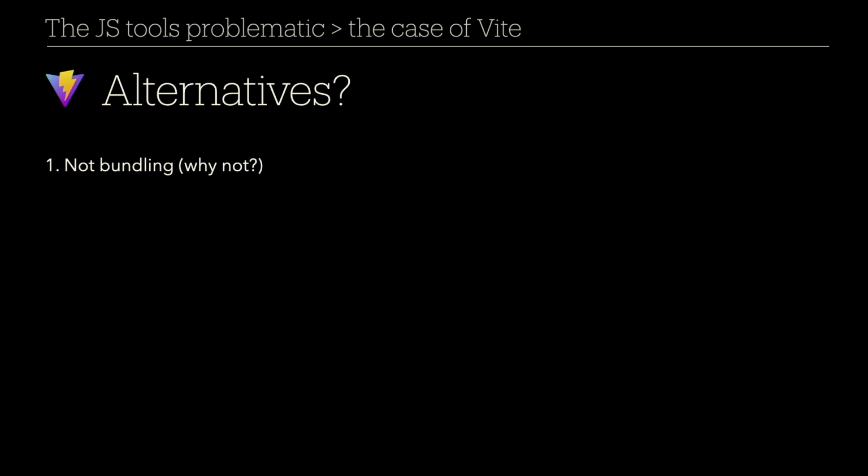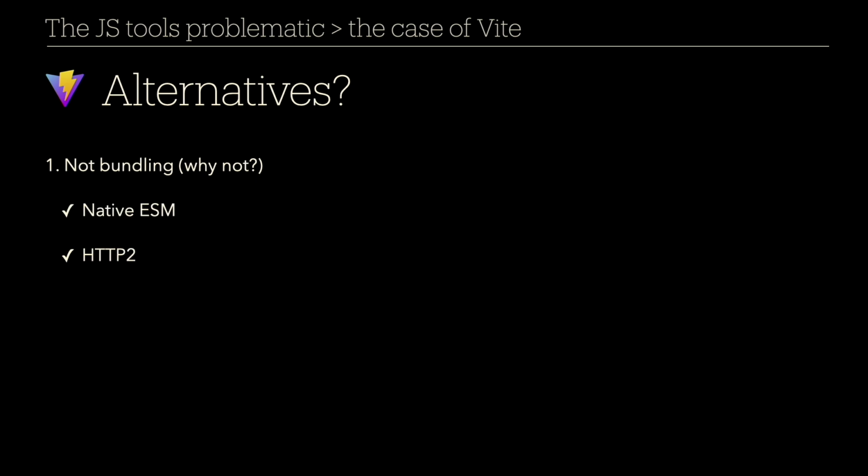So which alternatives do we have? If we wanted something simpler, without two or three different bundlers, which alternatives do we have? The first one would be, why not not bundling? It's worth considering, because we have native ESM and HTTP2, so it can be super fast.